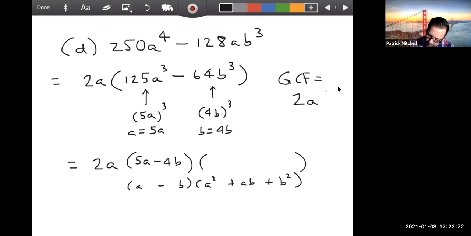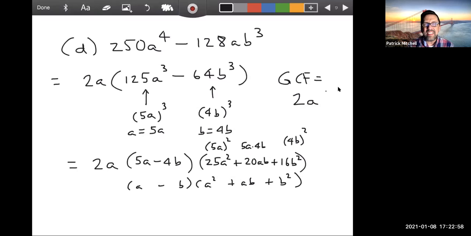And then over here, the a squared is going to become the square of 5a, which is 25a squared. The ab, that's going to be 5a times 4b, which is 20ab. And then the b squared, that's going to be the square of 4b. That's who's playing b in this problem. So for that, I'm going to write 16b squared.